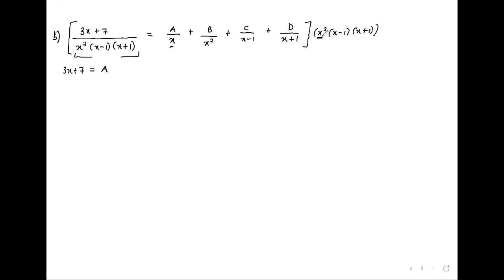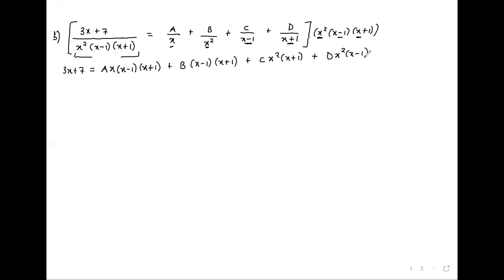So here there will be x multiplied by x minus 1, x plus 1, plus b, the x squared here will take away the whole x squared and will remain with x minus 1, x plus 1, plus c, the x minus 1 down here will take away the x minus 1 here. So we'll remain with x squared, x plus 1, plus d, the x plus 1 will take away the x plus 1. So we remain with x squared, x minus 1.